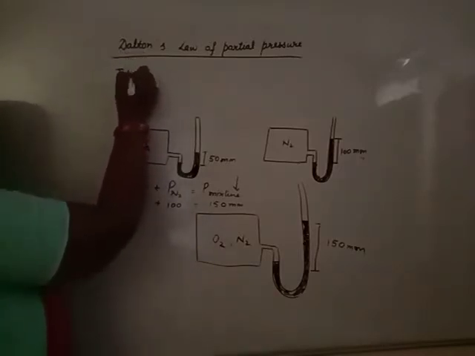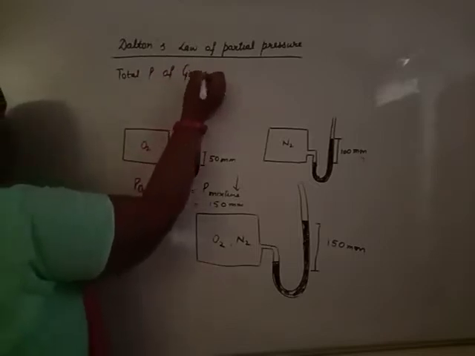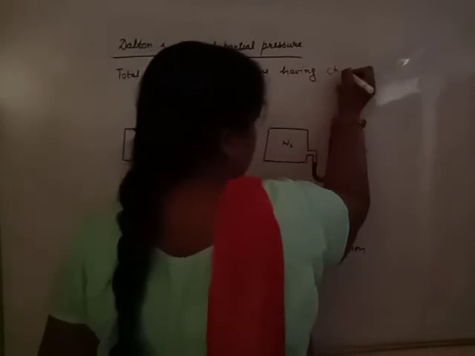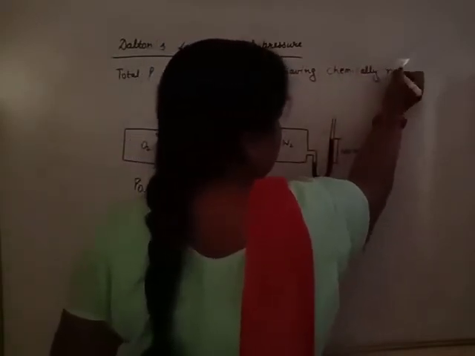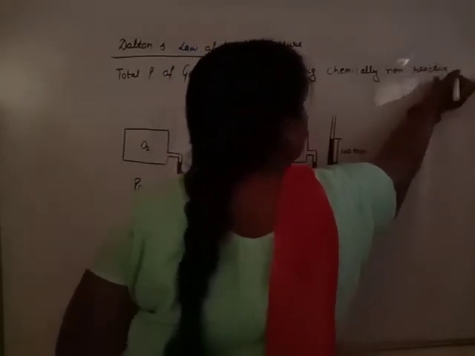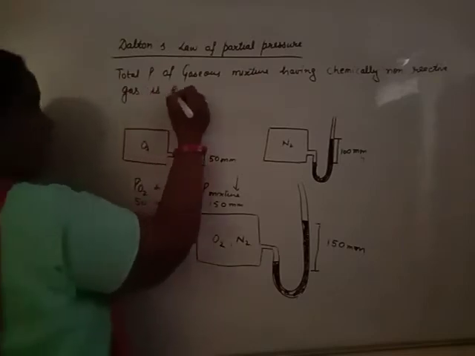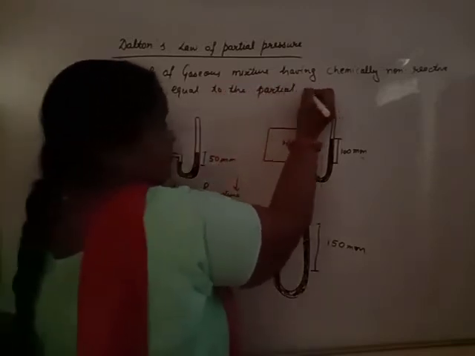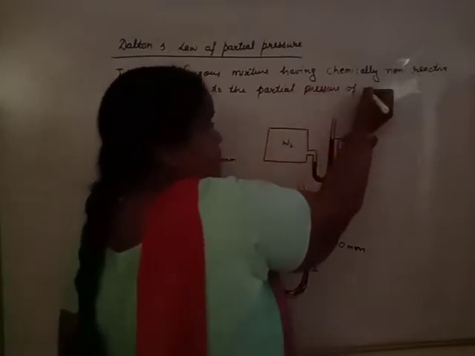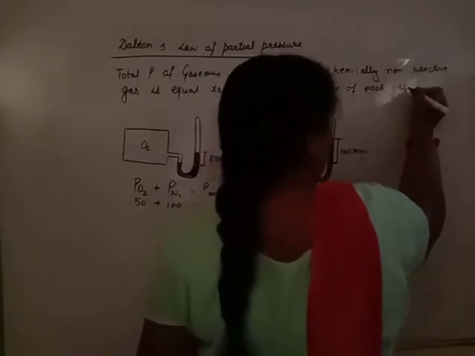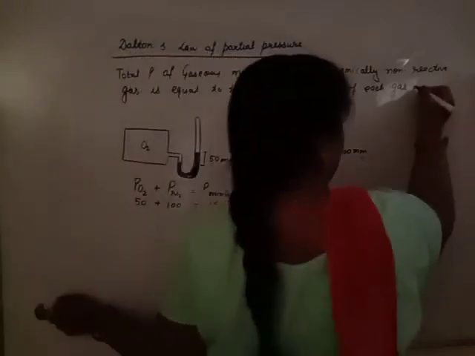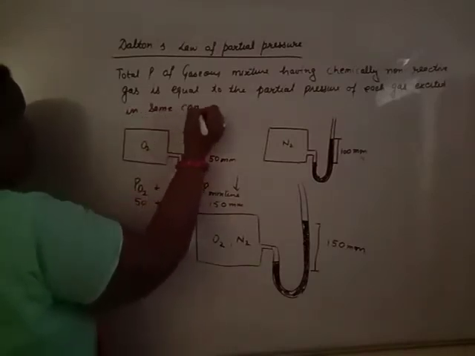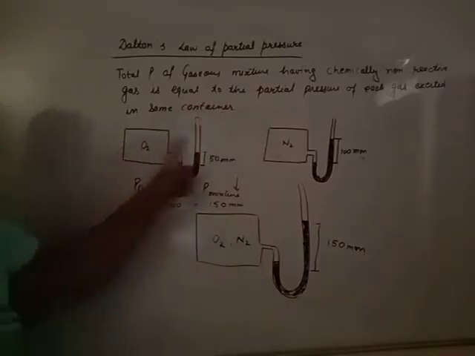Beta, the total pressure of a gaseous mixture having chemically non-reactive gases is equal to the sum of the partial pressures of each gas exerted in the same container in the pure state.